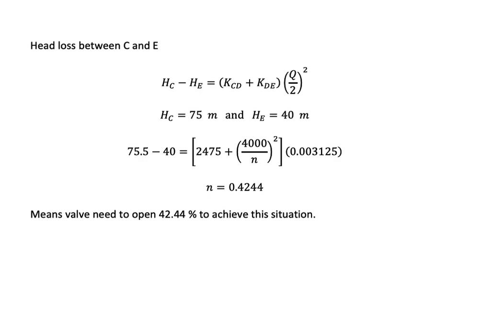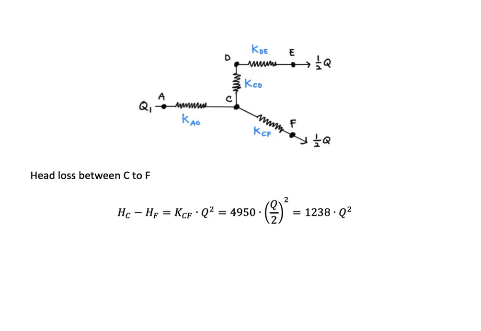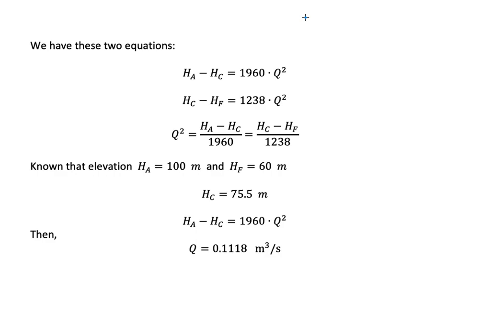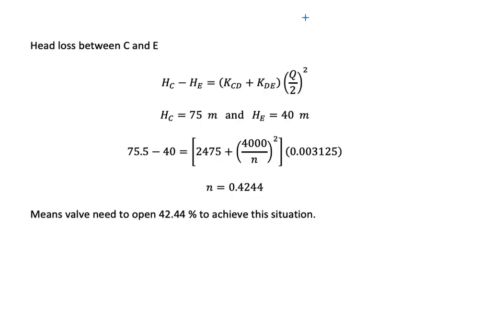Then we go for the losses between C and E. C and E is actually the upper part of this one, and the problem is we have the valve here. So again we will use the same idea. We compare the height of C and E, so it is equal to K plus KCD plus KDE times Q over 2 squared.